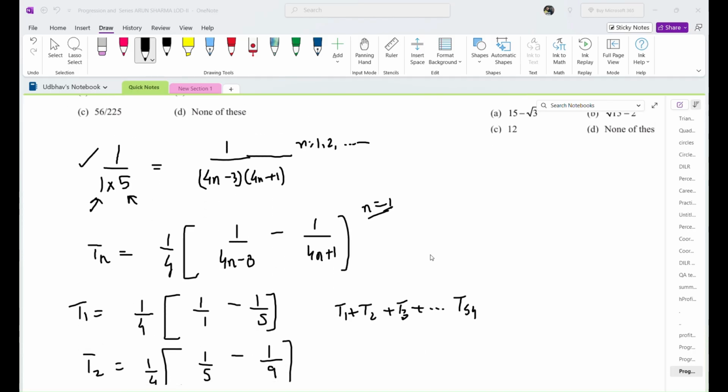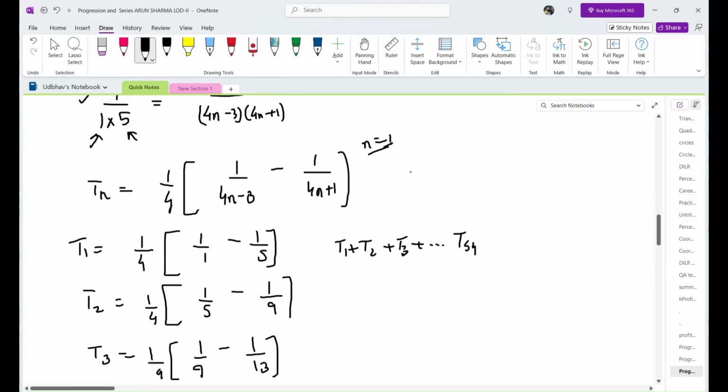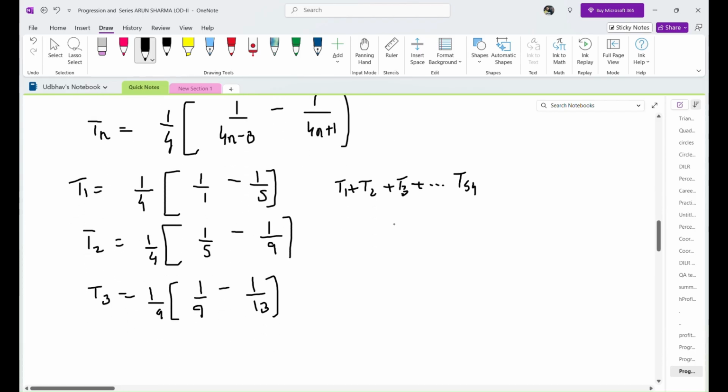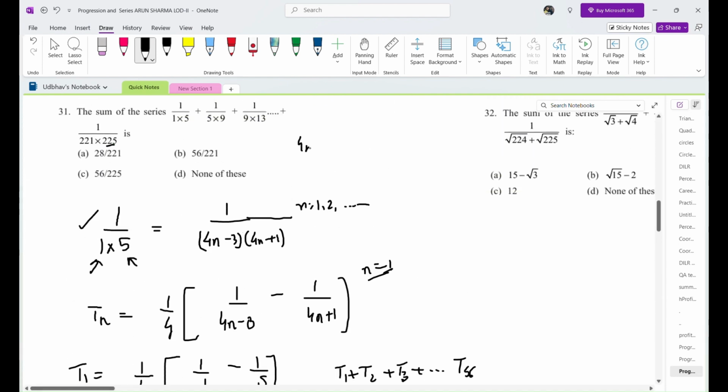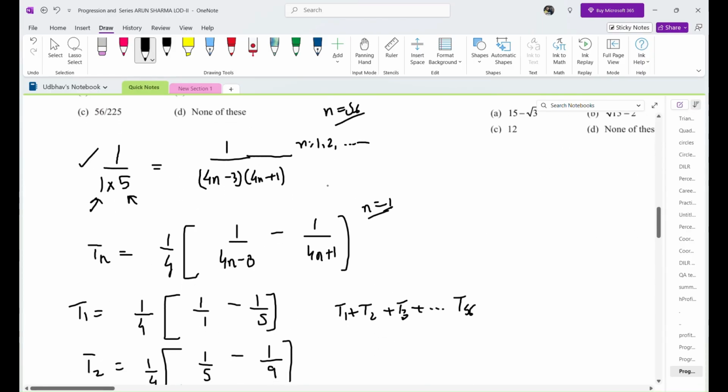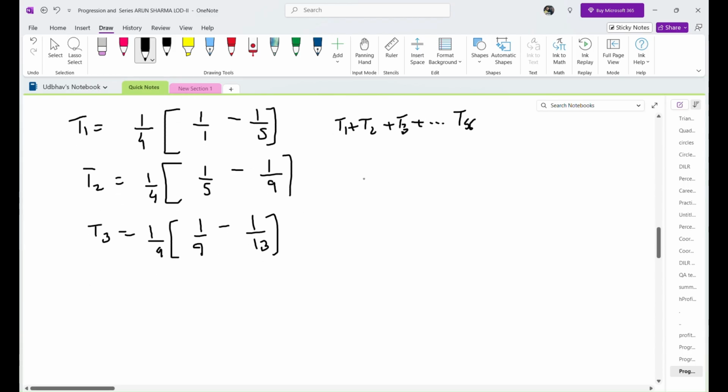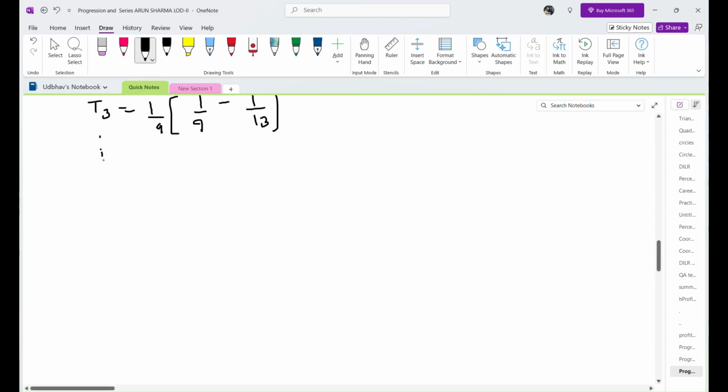N was 54, 54 or 56? No, it was 56. Yeah, it was 56. Because 4n plus 1 equals 225, n equals 56. Up to 56 terms, up to T56 we have to add all of this.